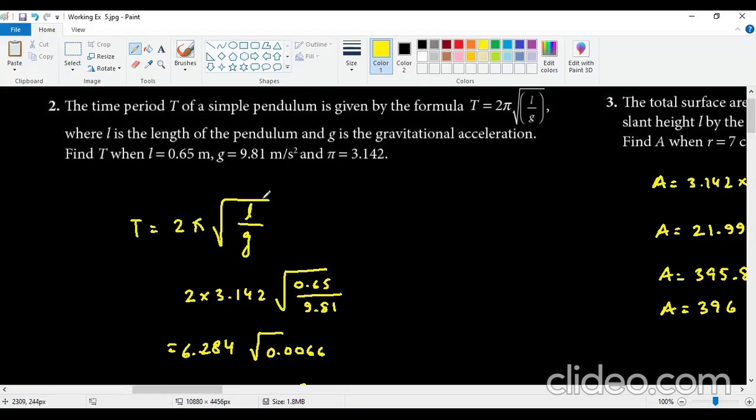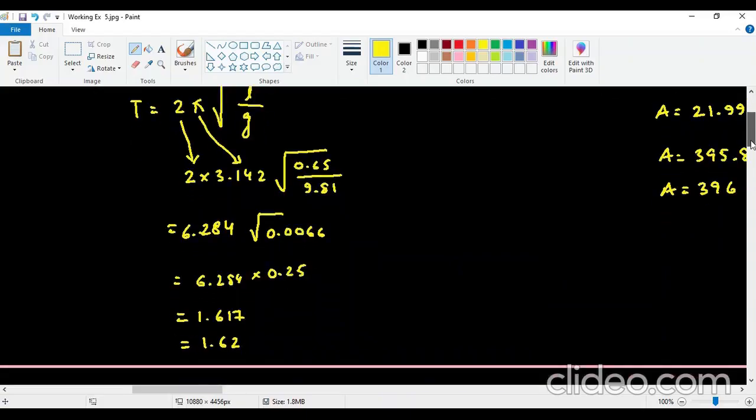I have just substituted the values, the 2 over here and the value of pi like this, and under the root 0.65 over 9.81. Once it is done with the calculator, you will get a value like this. So 1.62 is going to be the final answer. Once you do the calculation in the calculator, you will get 1.617, so easily we can round it off to two decimal places and make it 1.62.